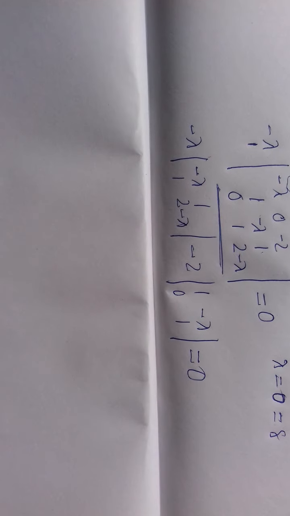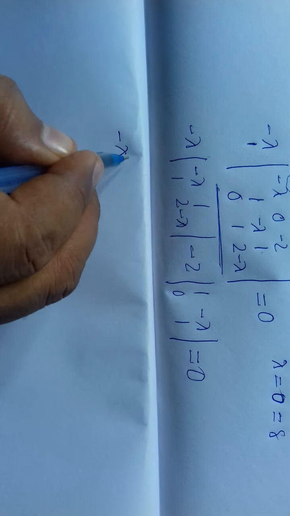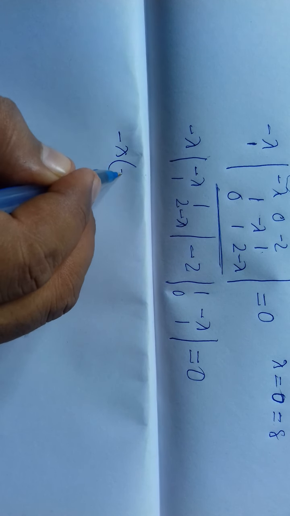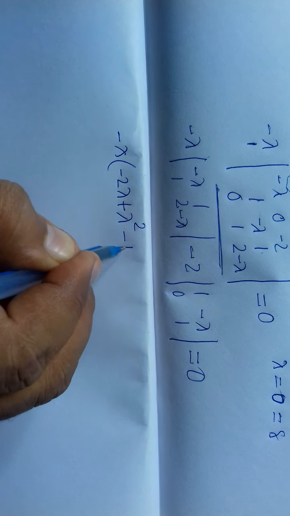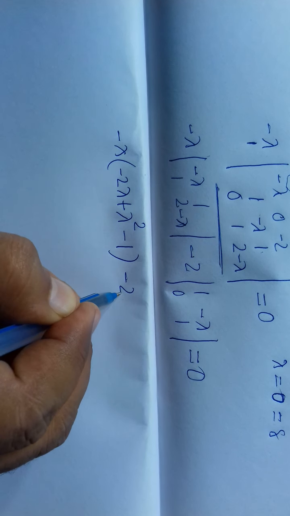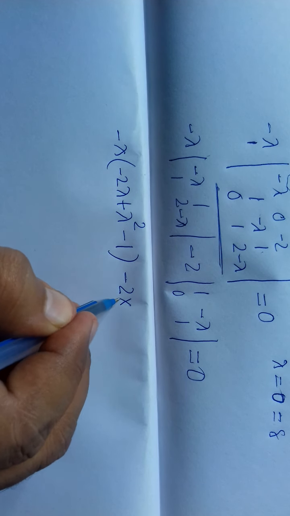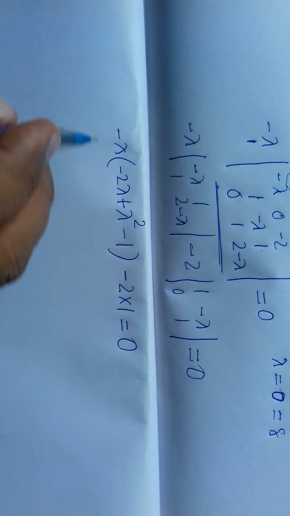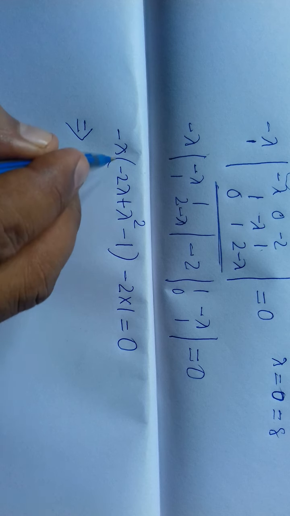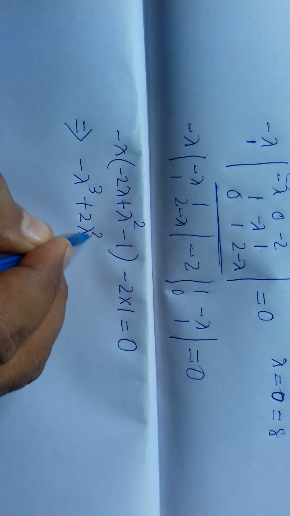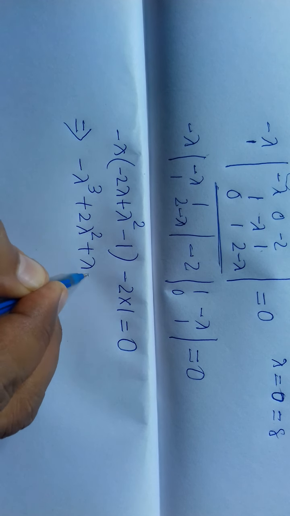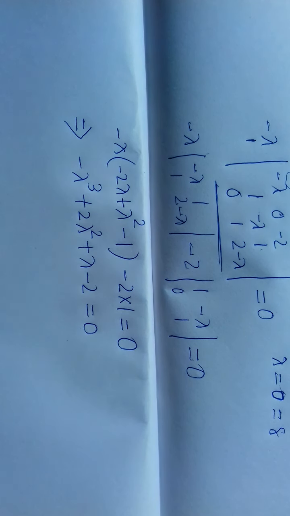Now minus lambda, here minus 2 lambda plus lambda square minus 1, minus 2 and 1 must be equal to 0. Now minus lambda cube plus 2 lambda square plus lambda minus 2 equals to 0.